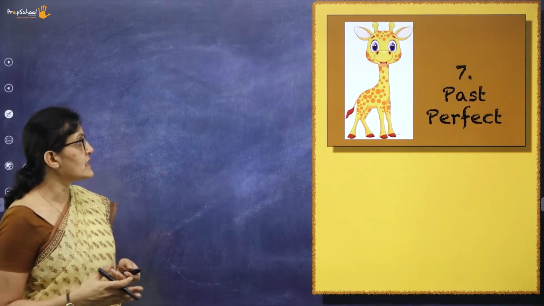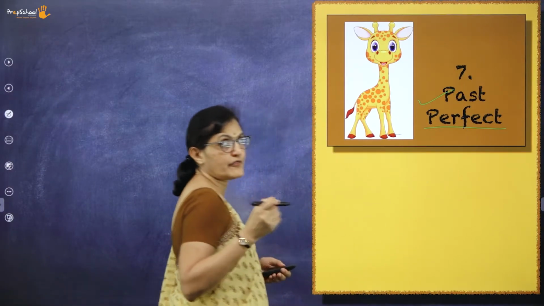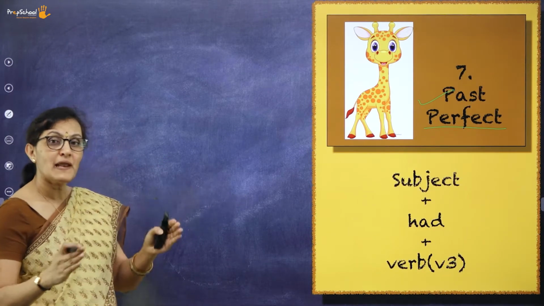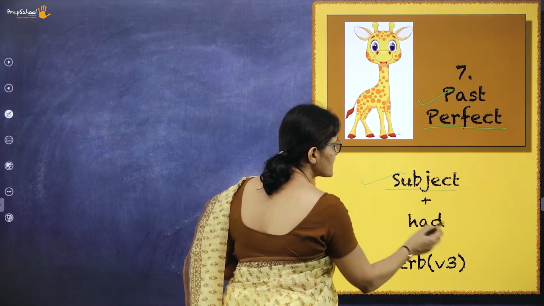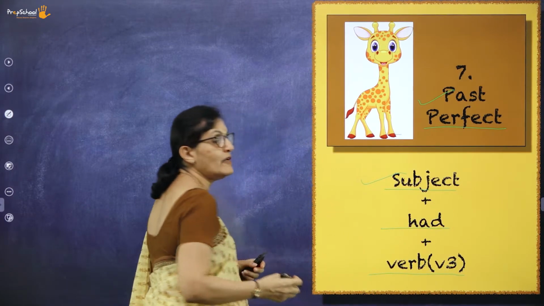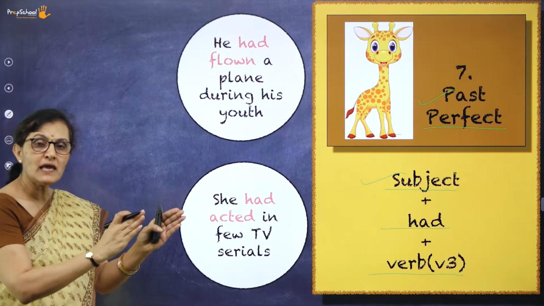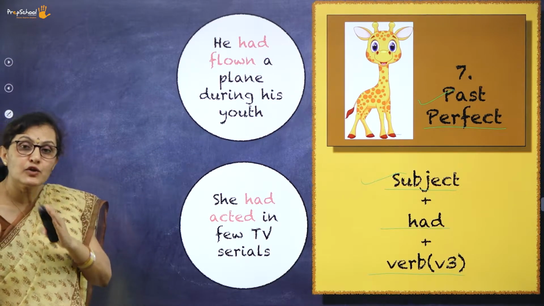Going forward to the next one, it is past but it is perfect. So what happens here? It is subject plus had plus verb 3. You have a subject, you have had, and you will have verb 3. So look at the example here. He had flown a plane during his youth.